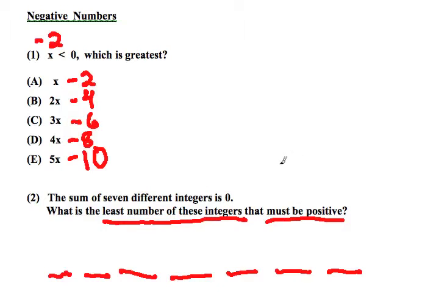Well, what are the possibilities? Well, none of them could be positive, or all 7. So if we're looking for the least, we want to check, could none of them be positive? Well, we can't make them all 0 because they have to be different.